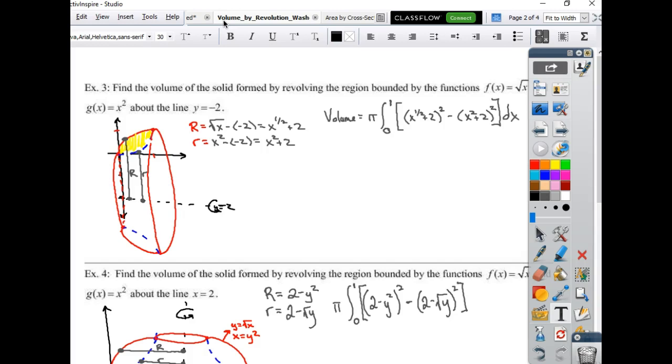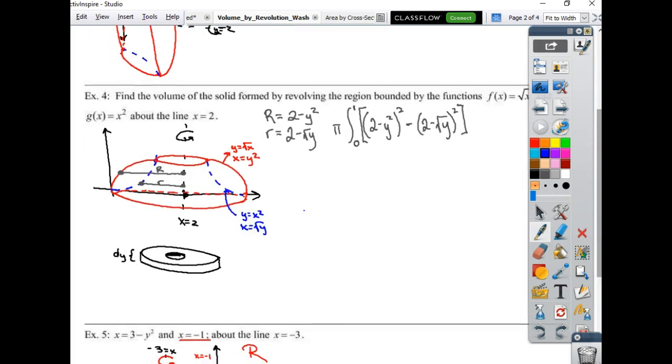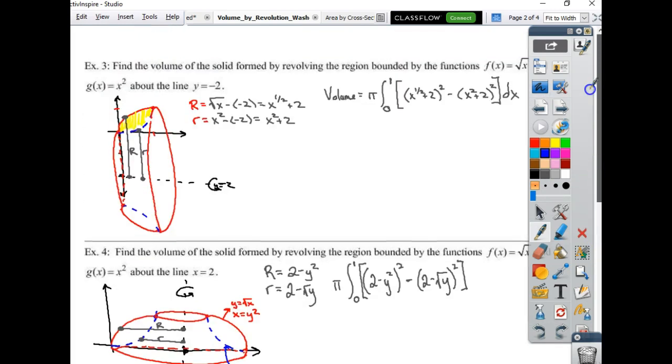So when I talk about volumes by rotation, one of the things we did is we talked about taking these shapes and thinking about what the orientation of the shape is. Like this particular problem, if we would have drawn it in the questions below, we talked about these being dy disks, and we knew they were because we imagined how the disk was laying. So here we would have had some sort of dx disk.